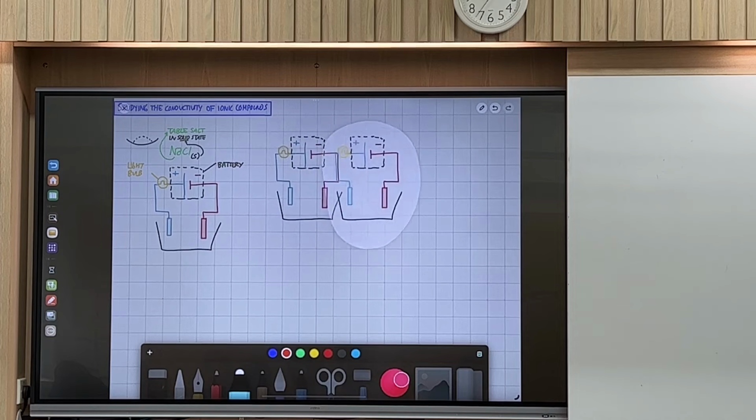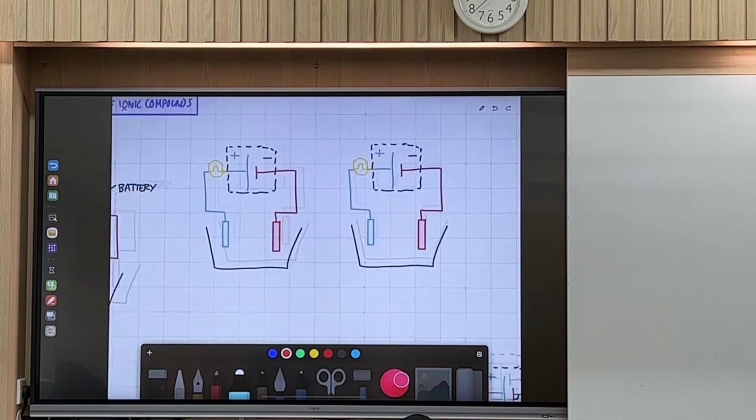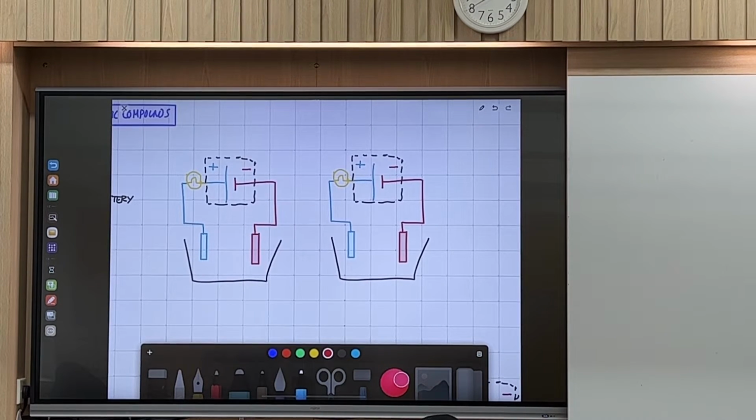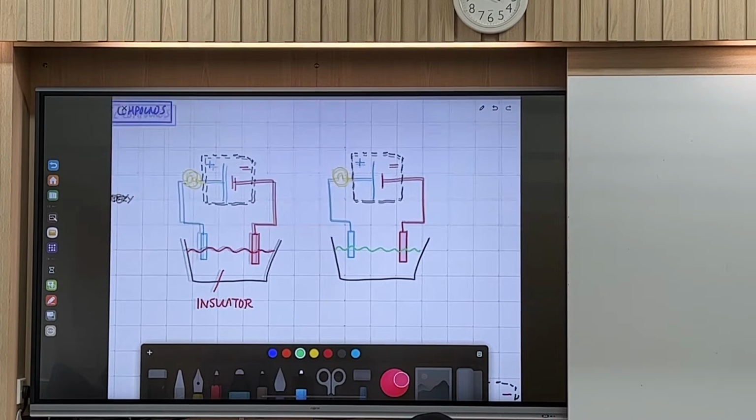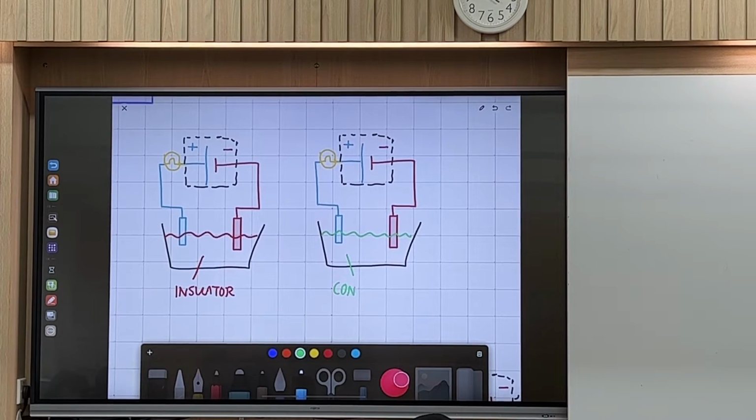However, when you put a conductive substance in here, let me put down an insulator compared to when this is a conductor. This way of testing conductivity is very straightforward. It is based on a very simple physics principle: if you have a conductor in here, it completes the circuit so that it forms a closed loop.